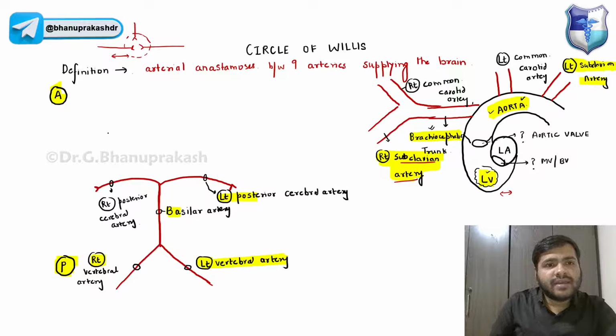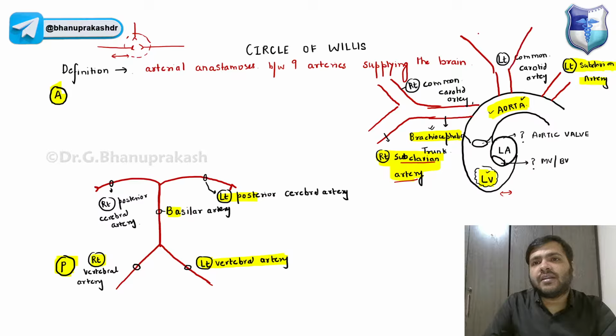Okay, now we already know we have two major arteries. You already know we have the common carotid arteries, and this common carotid artery again will bifurcate into two.